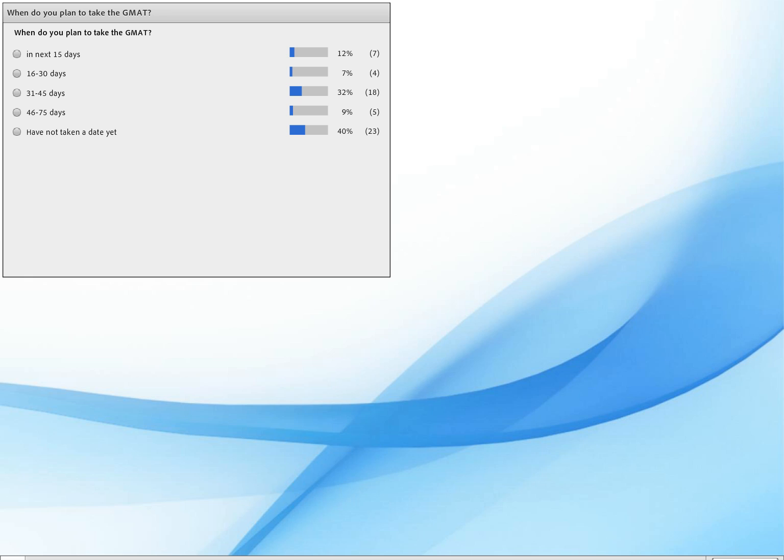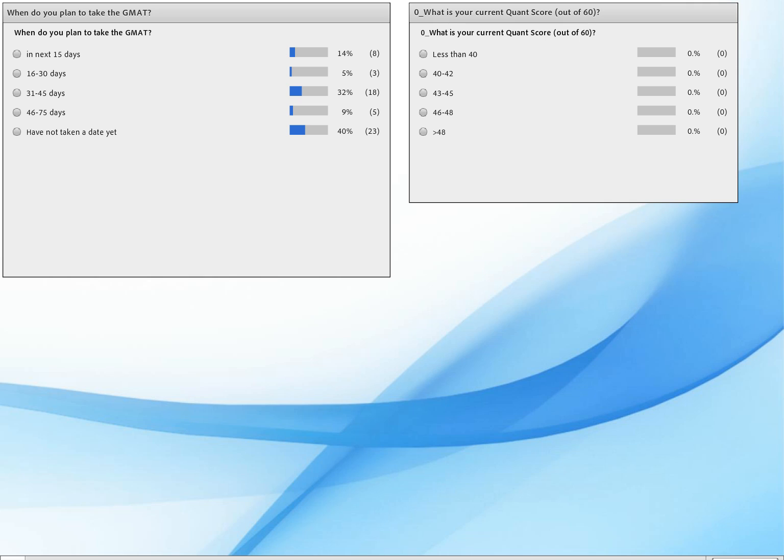Let me also bring you two other questions. The first question that I'm really interested to know is, what according to you is your current quant score? And again, if you are a person who doesn't know your current quant score, I would rather want you to click on the Q40 to 42 range maybe.